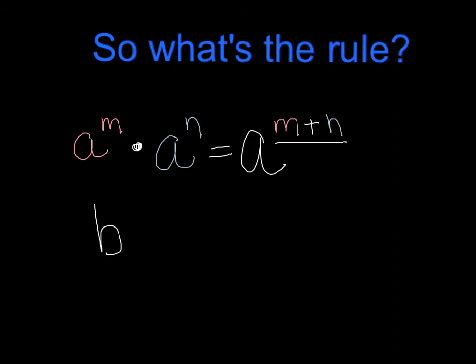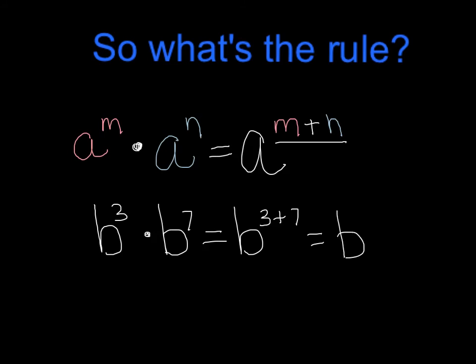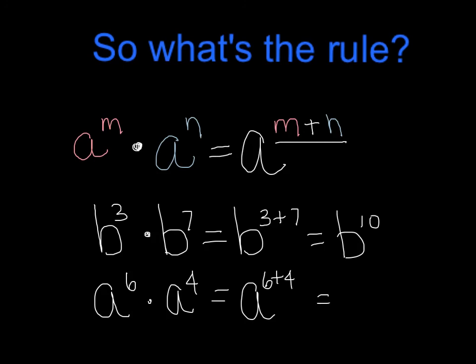B to the 3rd times b to the 7th. I remember that because I wrote out 7 b's. And so if we check that out, b to the 3 plus 7, what does that give us? B to the 10th. Okay, I think our first example was a to the 6th times a to the 4th. And so we get a to the 6 plus 4. And that would be a to the 10th.